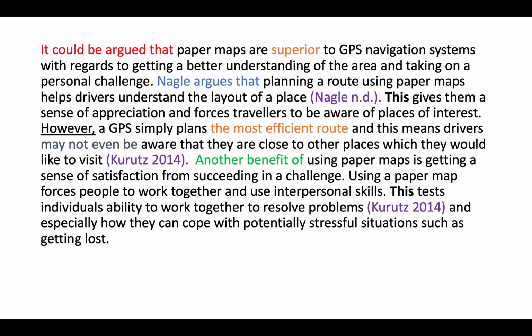We also have the use of "this" a couple of times, and this helps to hold the paragraph together. And then earlier we spoke about impersonal opinions. So in red up here, "it could be argued that" is an example of an impersonal opinion. So if I say it could be argued that something is true, you don't know if I think it is true or not. It's just what could be argued.